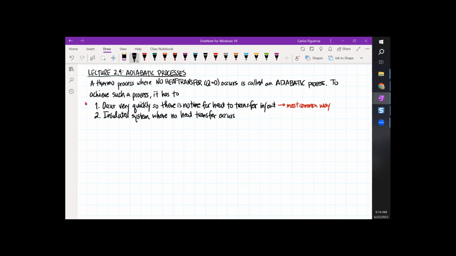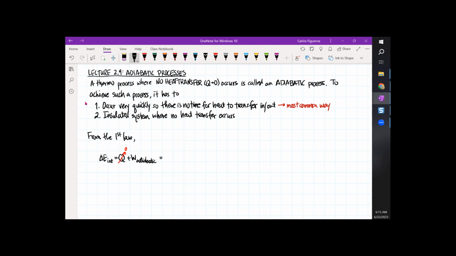So if I look at the first law, what we're seeing here is that if I have internal energy and I have no heating and I only have work, then this work here is called adiabatic work, and that's the only way to change the internal energy.